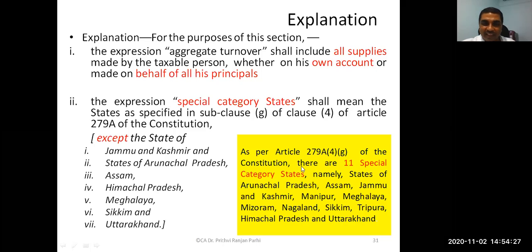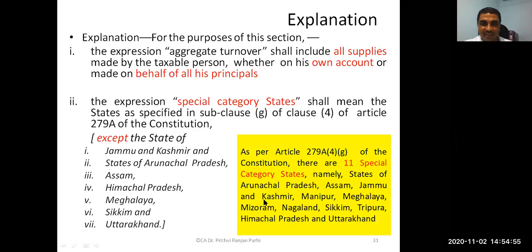If out of these 11 I am excluding these 7, now you tell me what are these 4 states which remain as special category states for the purpose of GST registration. Can you identify? All of you, please participate. I want the 4 states which shall be regarded as special category states for the purpose of GST.